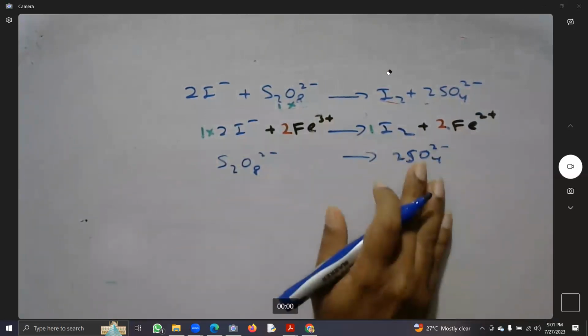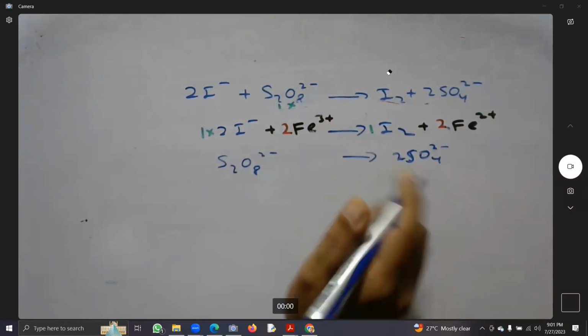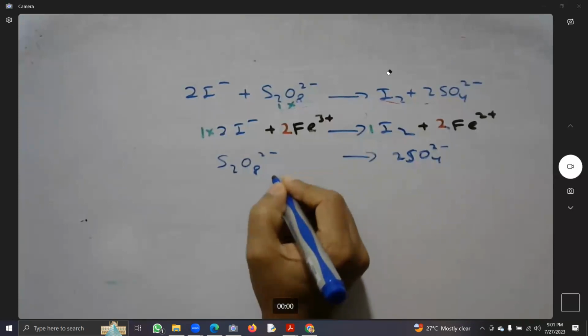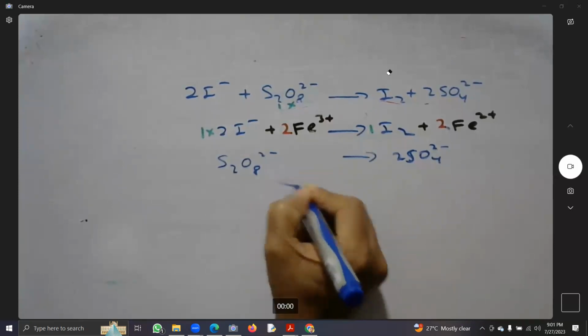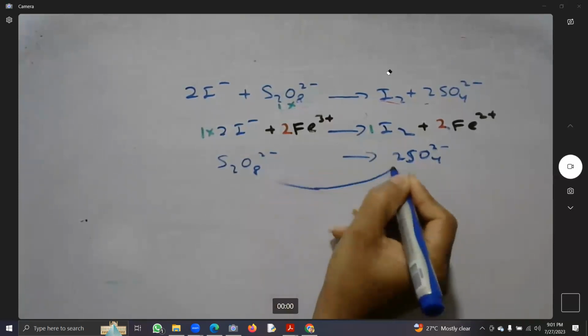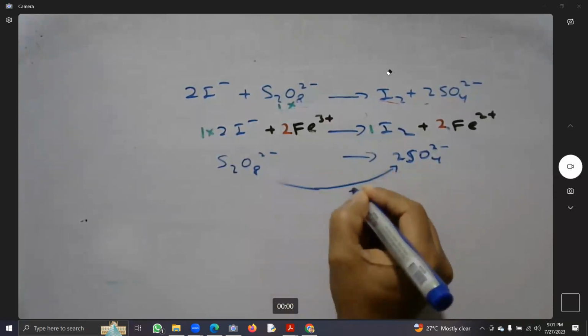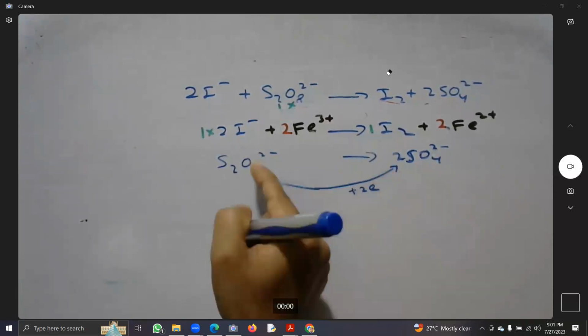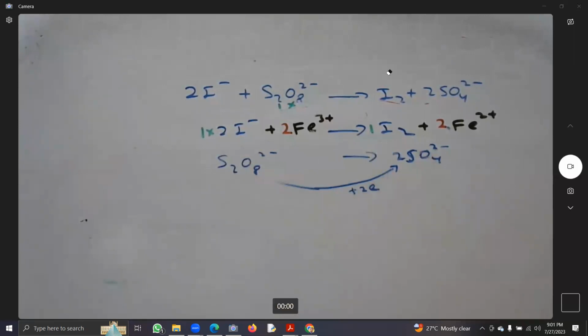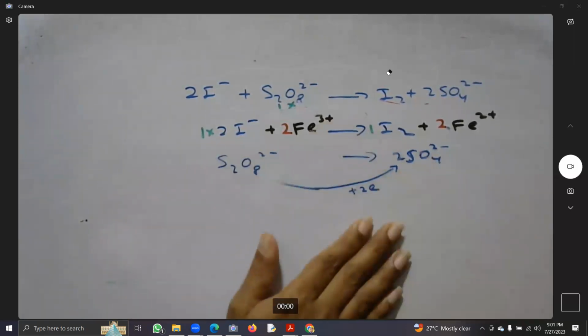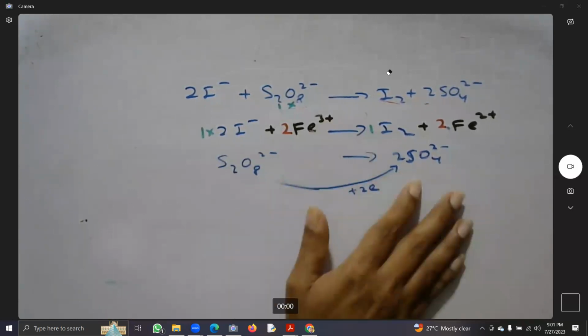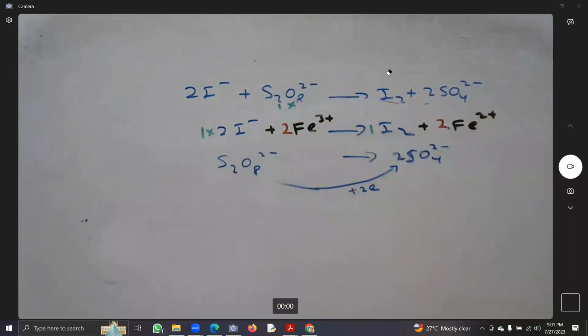That means we have to gain 2 electrons, because to go from 2 minus to 4 minus I have to gain 2 electrons. Gaining electrons means this is going under reduction. So if this is going under reduction, iron should go under oxidation.